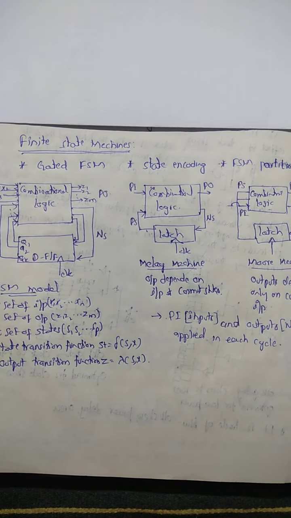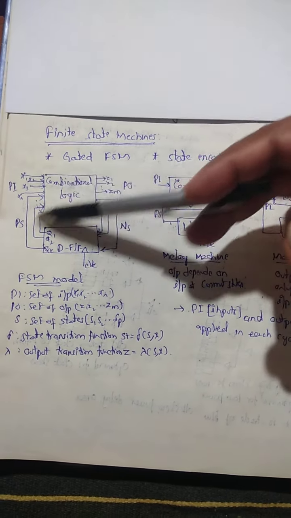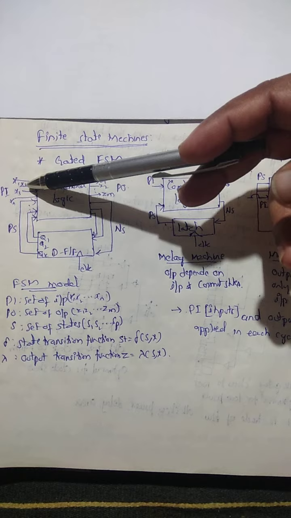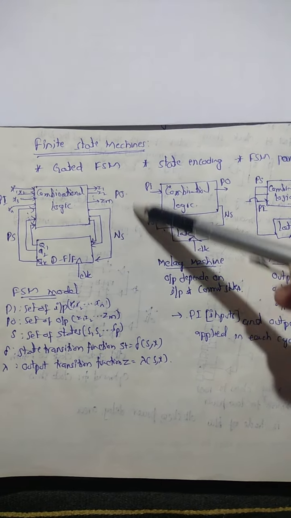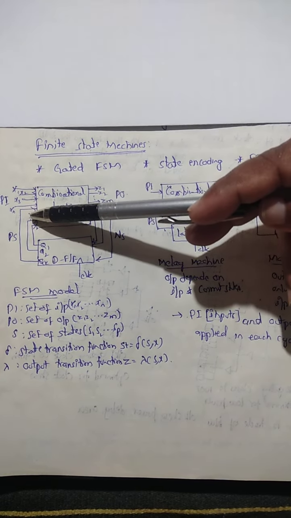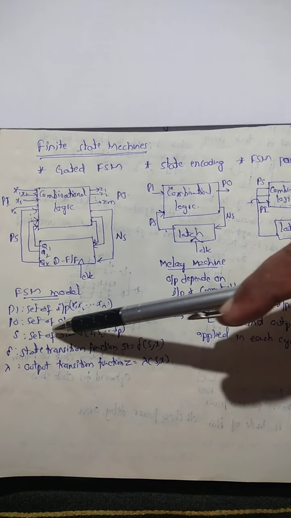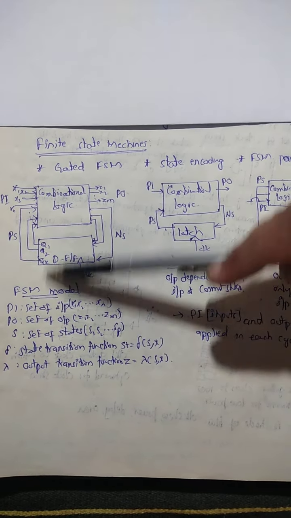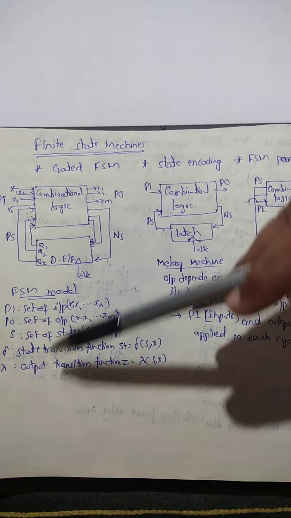Here we will have a set of inputs ranging from x1 to xn, and the outputs from z1 to zm. Here n and m can differ. Then S is the set of states which we are going to make use of. Next we have a clock.